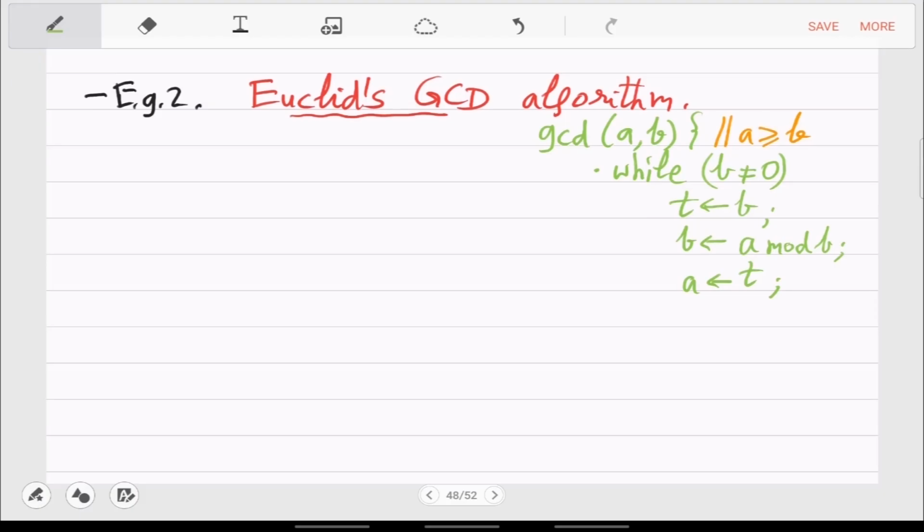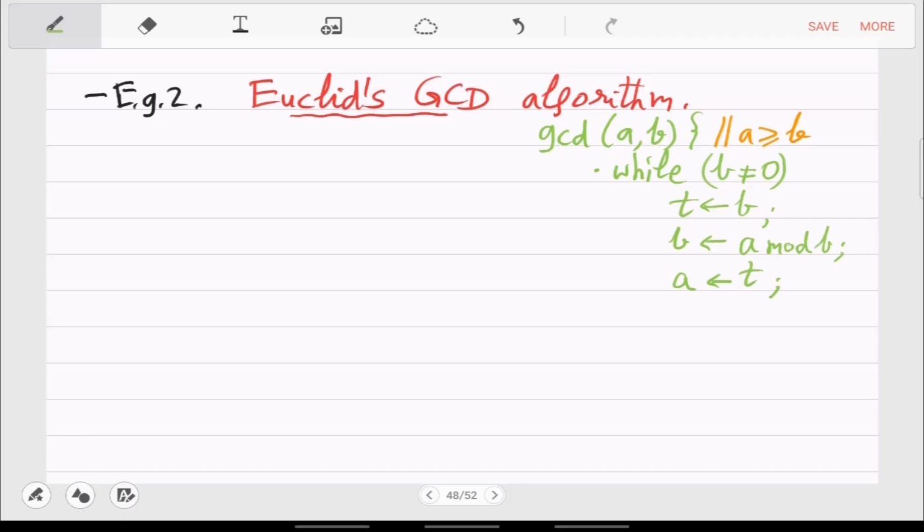And maybe this is wrong. Yes. I want A to be bigger. So basically new A is old B, and new B is the old A mod B, the remainder.